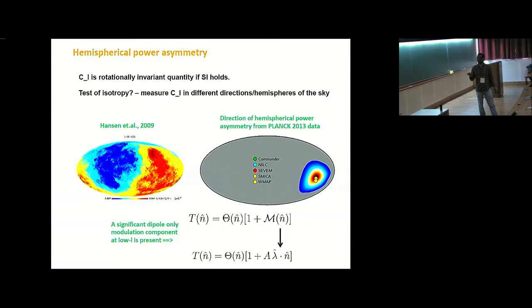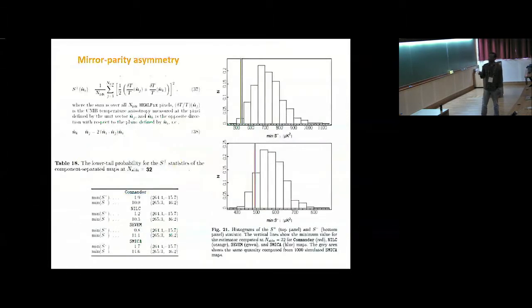And then there is what is called the mirror parity asymmetry, again at large angular scale multipoles. You can make a choice of some axis n hat, and with respect to that, compute the sum or difference of the CMB pixels, the pairs that correspond to mirror symmetry with respect to the chosen direction.